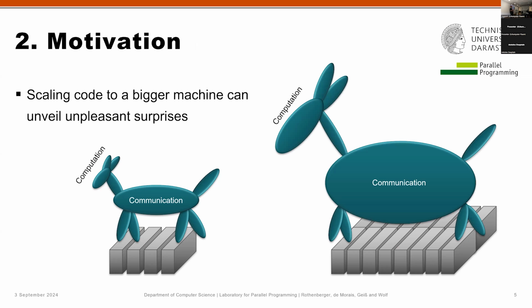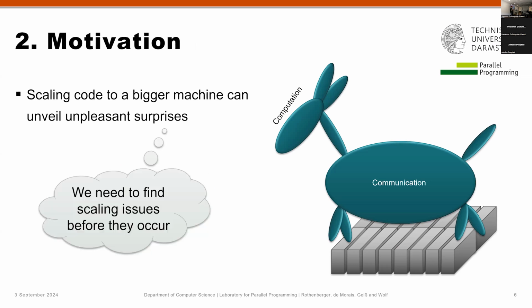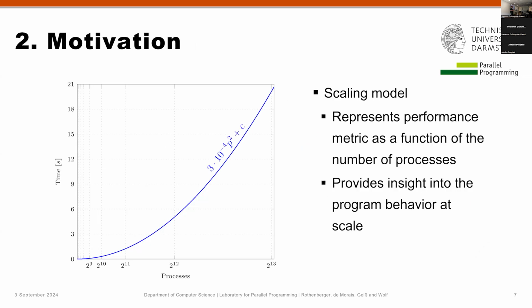Basically, you have some parts of computation and some parts of communication, and you can see that once the code is scaled, the communication part increases at a rate way higher than the computation. It's fundamental for us as developers to find these issues before they occur. To solve these issues, we use scaling models.